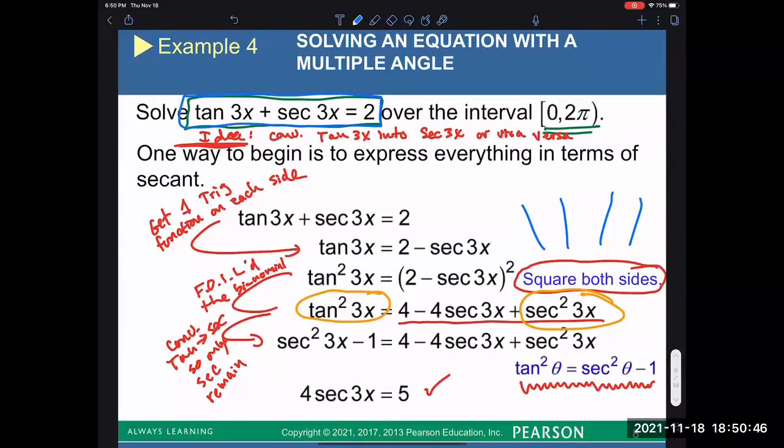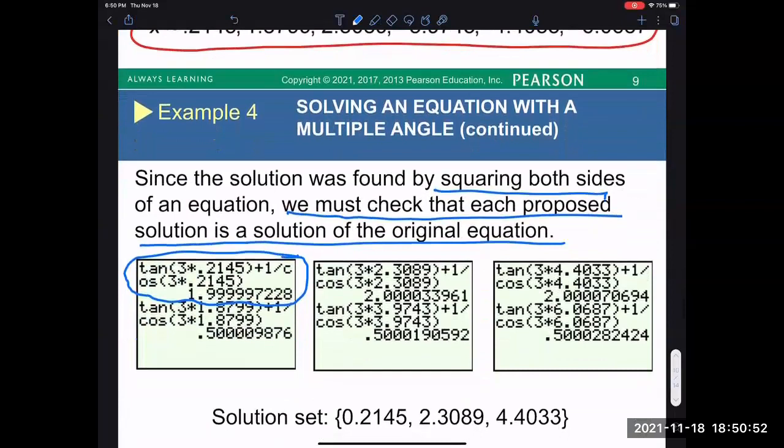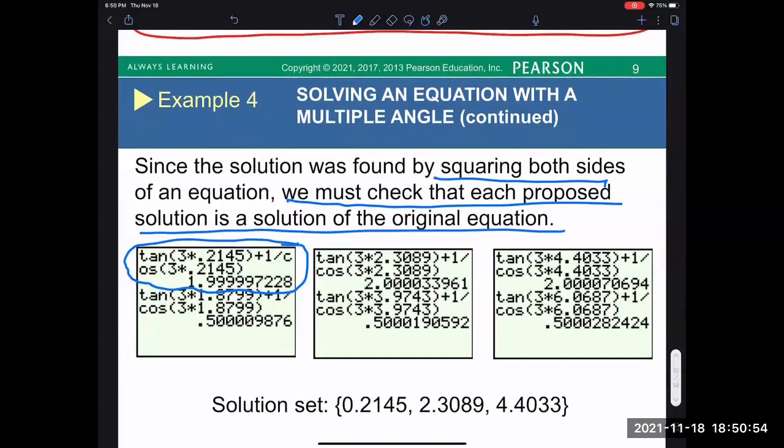And tan of 3x plus secant of 3x is supposed to come out equal to 2. So when they plug that in with that value, the calculator doesn't give you exactly 2, but it gives 1 point, a bunch of 9s. So because we have approximate solutions to 4 decimals, we're not expecting it to come out exactly 2, but we know that if it's that close, the exact value would come out to be 2. So that confirms that the first solution listed is valid.